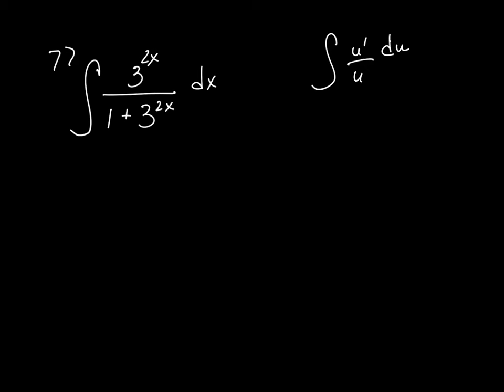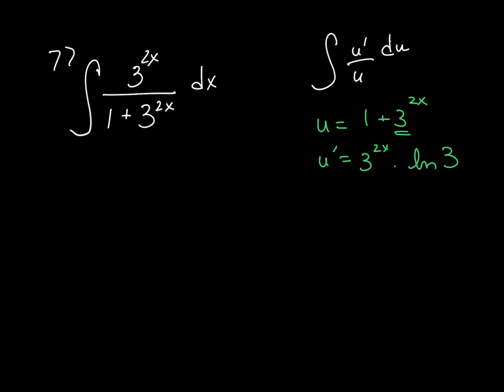But if I look at this, if I let u equal 1 plus 3 to the 2x, then the derivative of u, the derivative of 1 just goes to 0. And then the derivative of 3 to the 2x is 3 to the 2x times the natural log of 3.